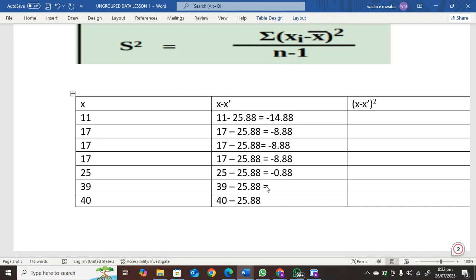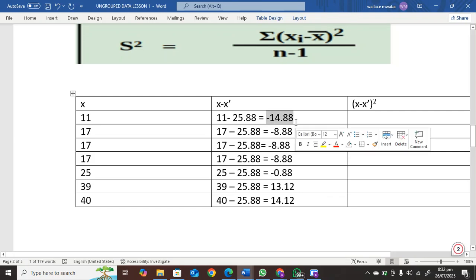39 minus 25, 40 minus 25.88. Yes, no one has squared this negative 14.88. You just multiply the number by itself, okay?